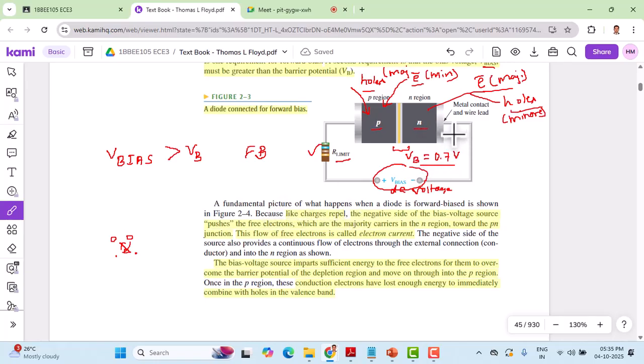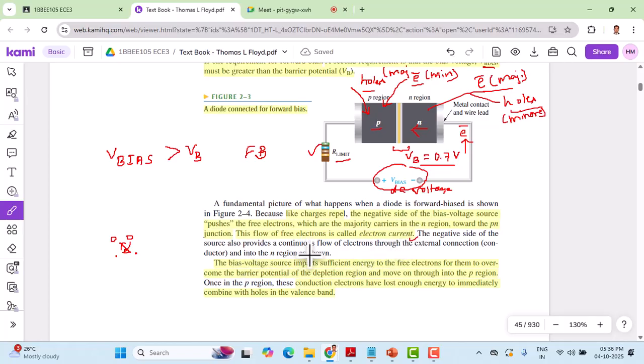Therefore electrons cannot move into the power supply. Instead they move towards the PN junction. Electrons start from the supply and move towards the junction. When electrons keep moving, electron current exists.